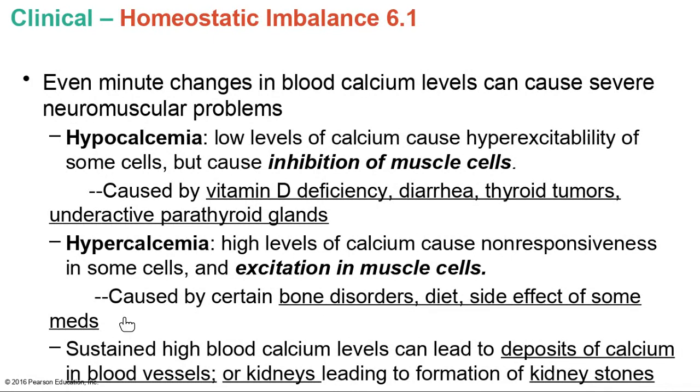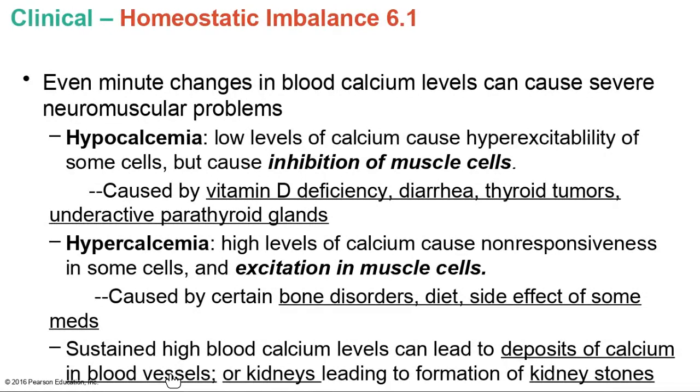It's also associated with a side effect of some medications, which can affect the deposition of bone matrix. Now, too much blood calcium can lead to calcium deposits elsewhere. Remember, in hypercalcemia, if we're having too much calcium, calcium will not be deposited in the bone, but deposited elsewhere.